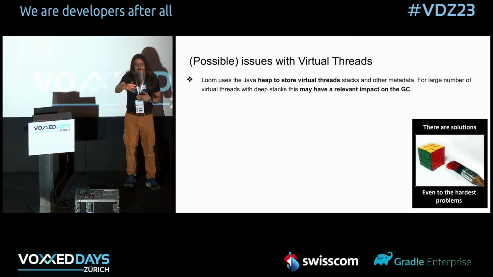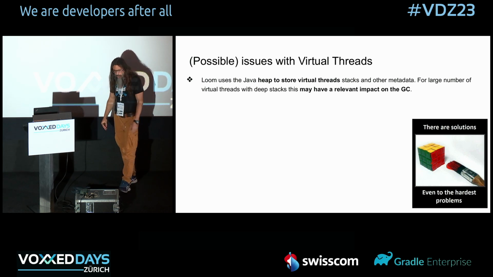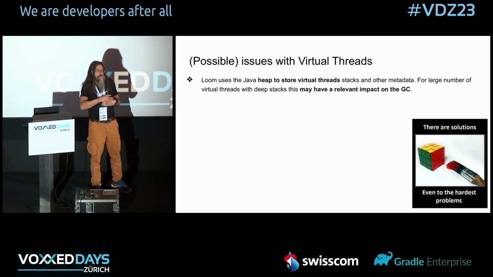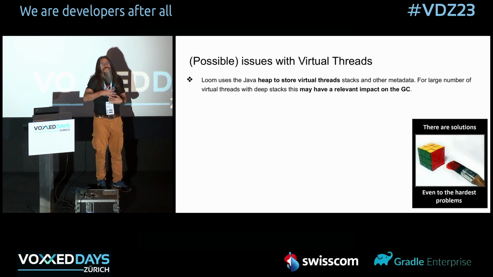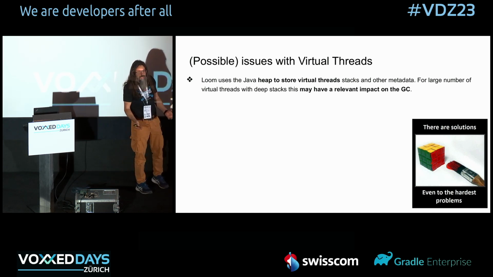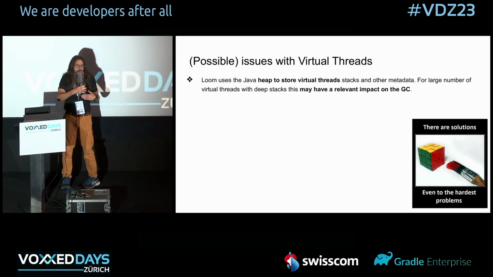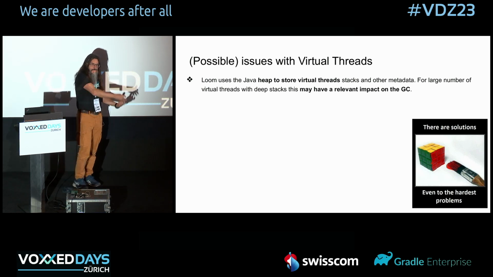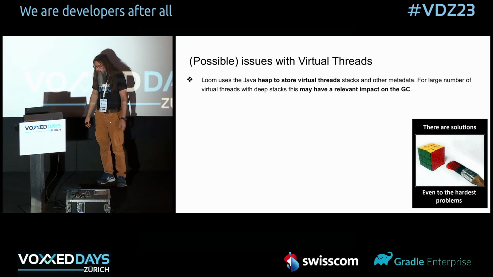So this is an object on the heap, and typically, a stack grows and shrinks quite frequently, quite fast, and it means that with virtual thread, you are simply giving more work to do to the garbage collector. Okay, that's the thing. It is unavoidable. It's one more set of objects that the garbage collector needs to take care of. And if you have really millions of virtual threads, this may be a problem.